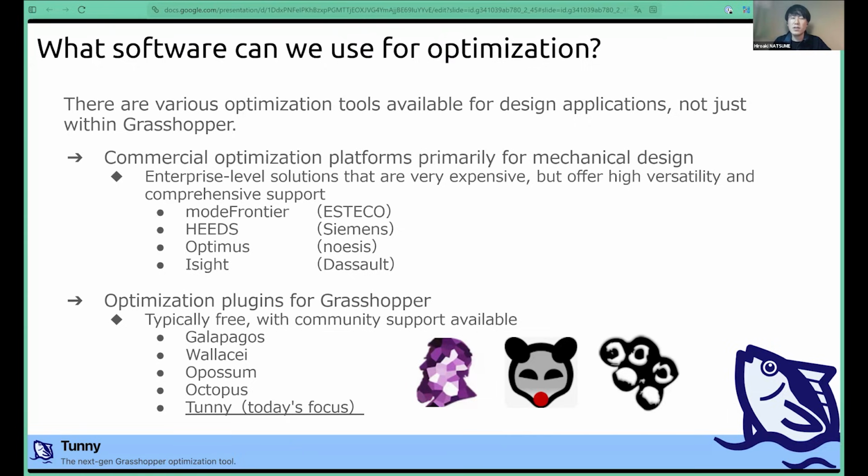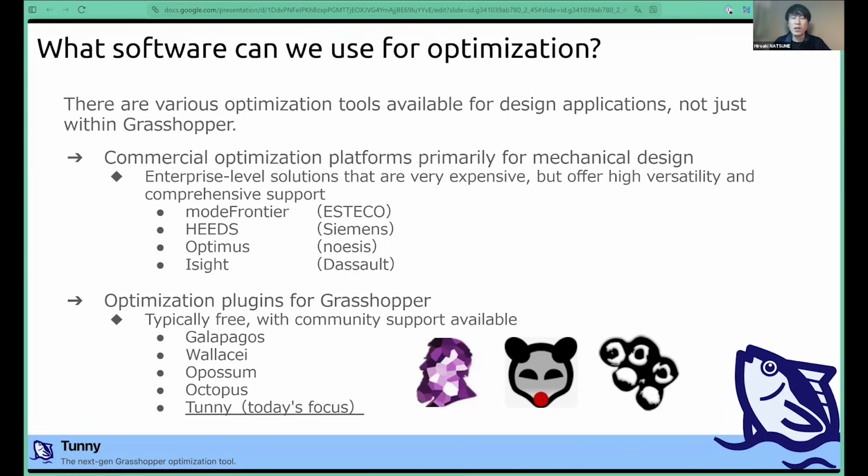These are enterprise-level solutions that come with a significant cost, but they offer exceptional versatility and comprehensive technical support. The major players in this space include modeFRONTIER by ESTECO, HEEDS by Siemens, Optimus by Noesis, and iSight by Dassault Systèmes.